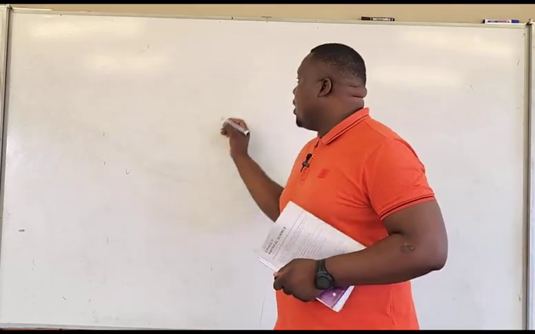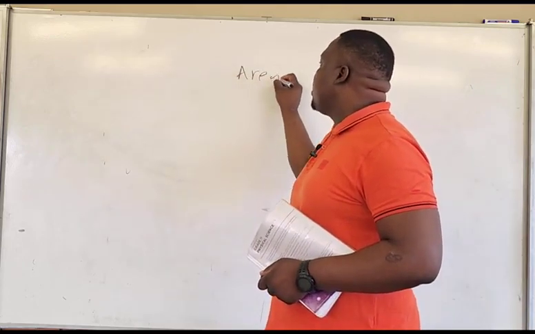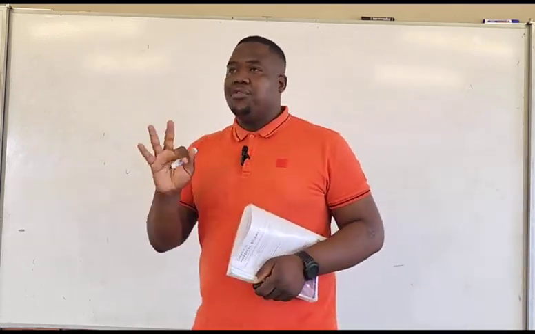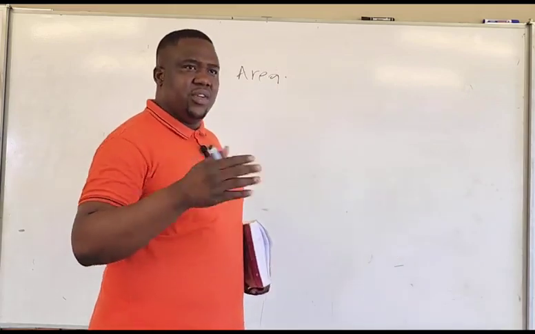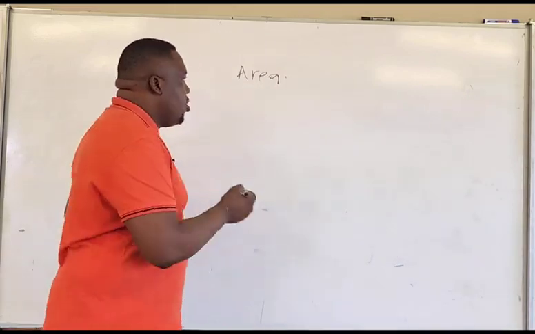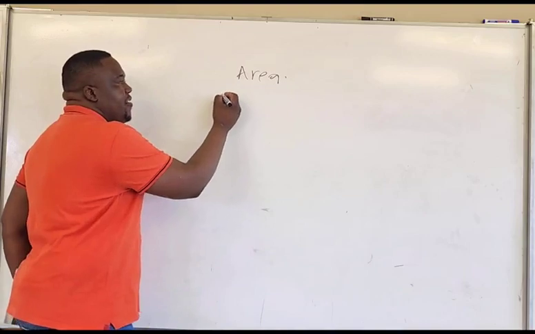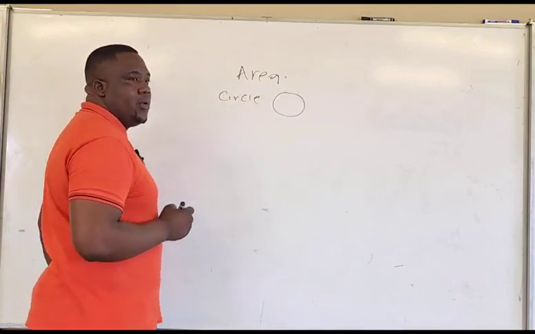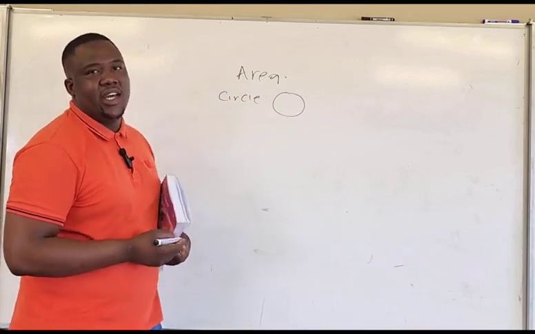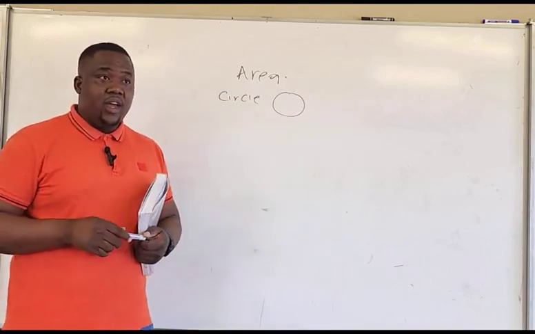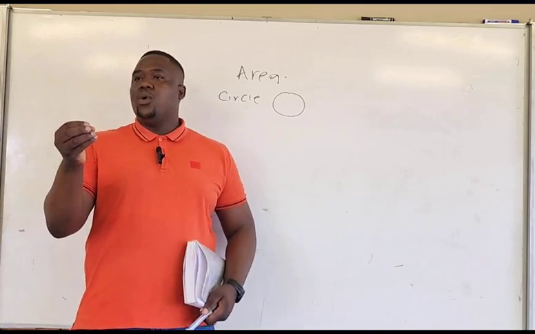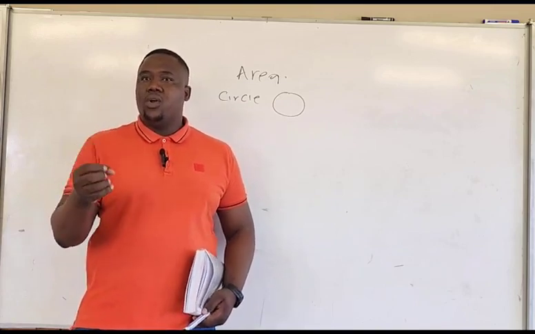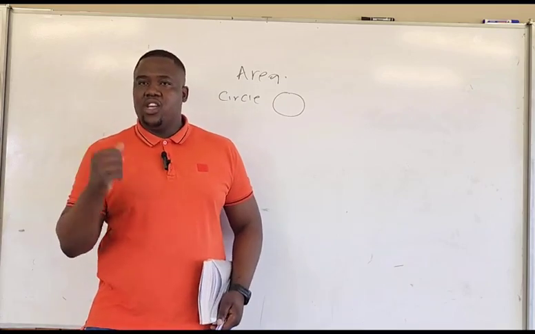So now let us talk about area. It is very important for us to know the area of these three shapes. We can start from the area of a circle, because sometimes they will bring a circular coil, or a square coil, or a rectangular coil.